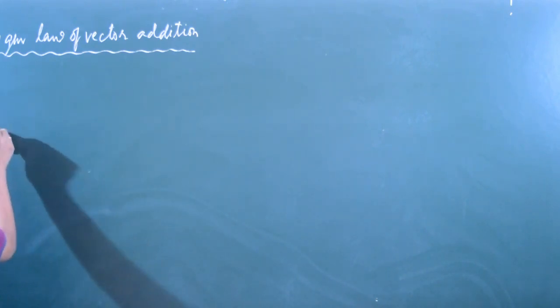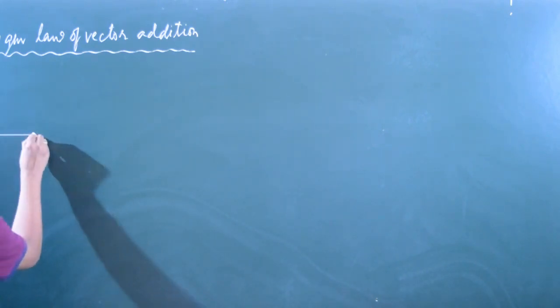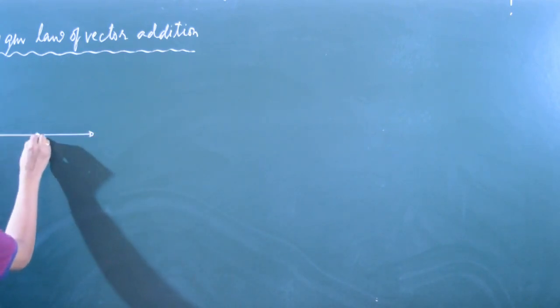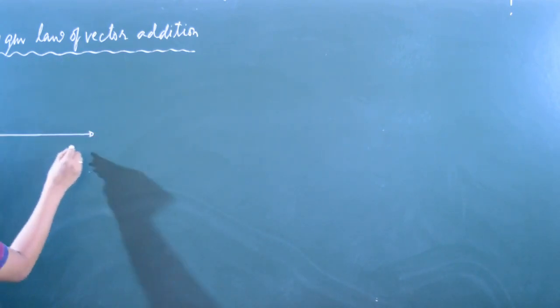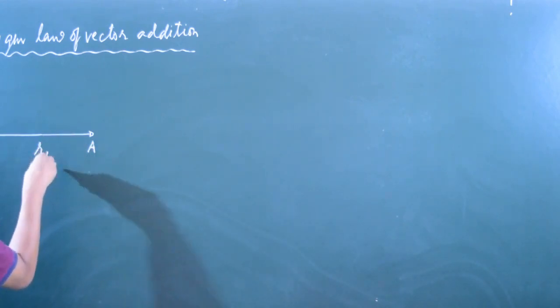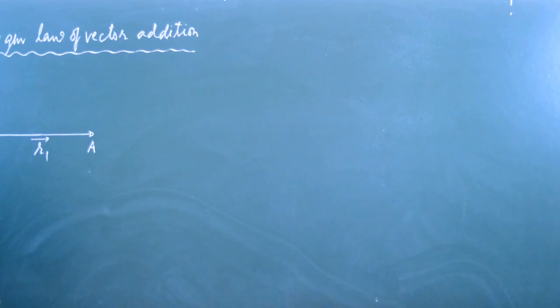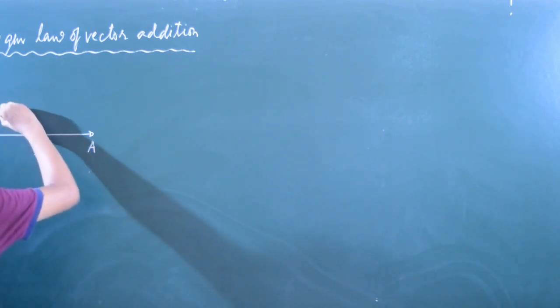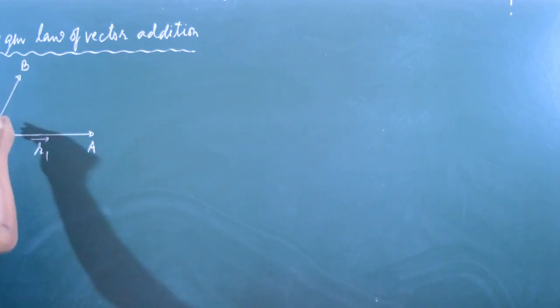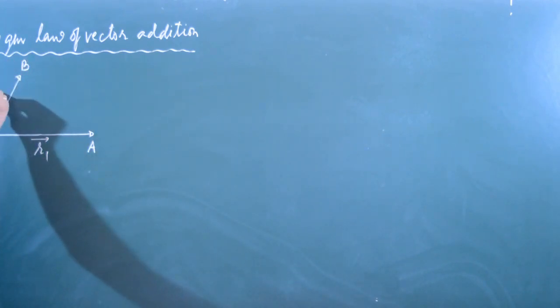So see, we have two coinitial vectors. This vector is suppose OA. OA is vector R1, and the other vector we have is OB. This vector is denoted by R2.